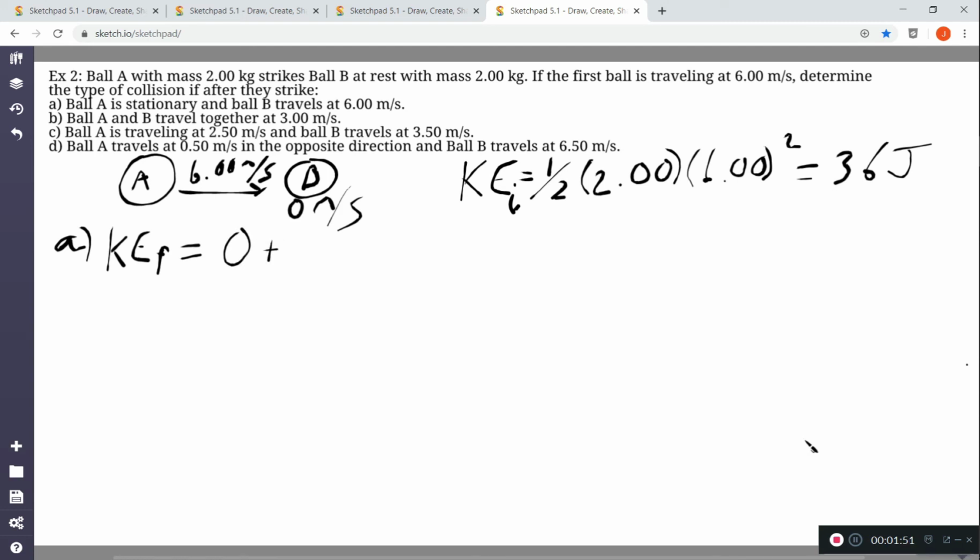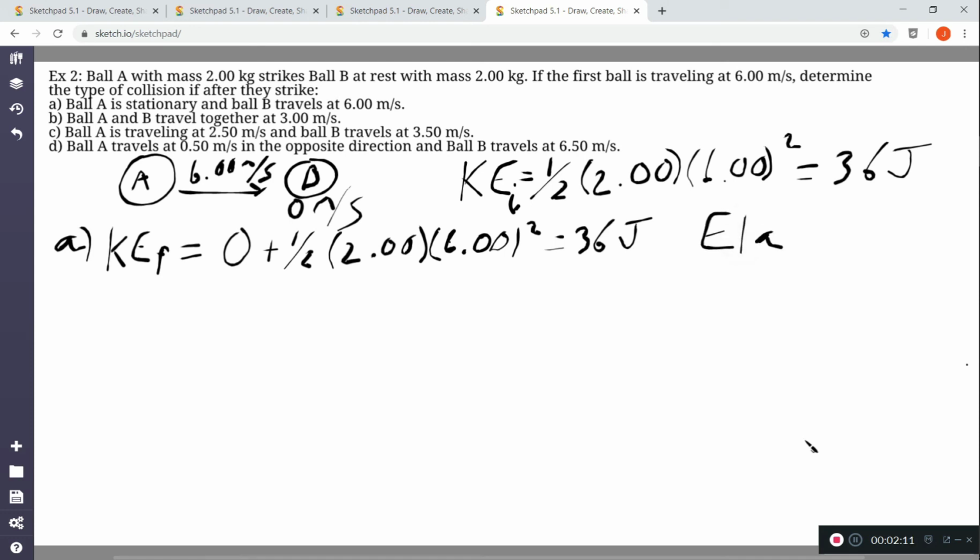And ball B travels at 6 meters per second. So mass of 2, velocity of 6 meters per second, and we're going to get 36 joules. So in this case, the kinetic energy is fully conserved, so that means that this is called an elastic collision.